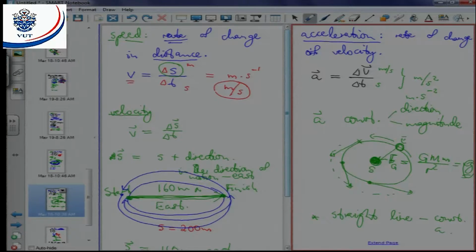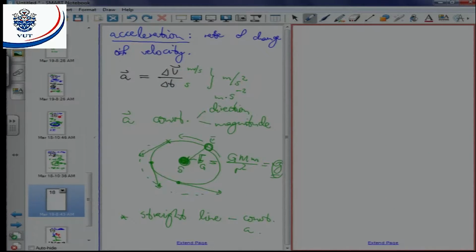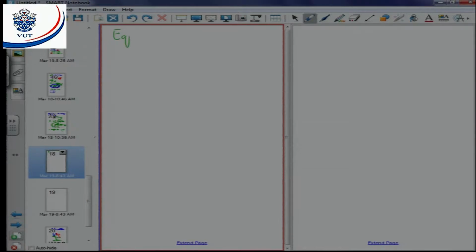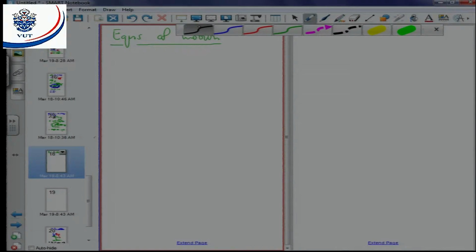Okay, so that's what we are interested in, and for this we get what are called the equations of motion. There are 4 equations of motion. I'm actually going to state them and then define the symbols.